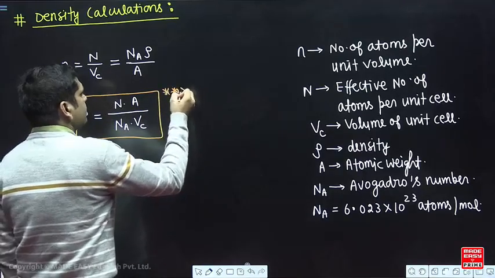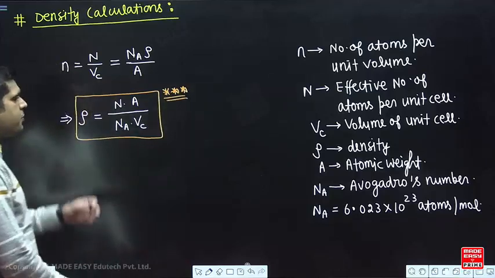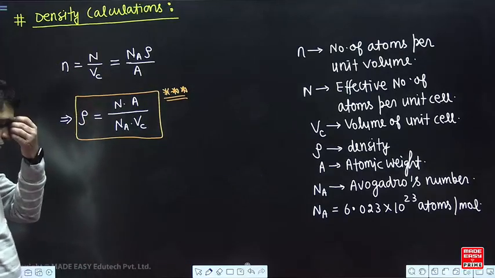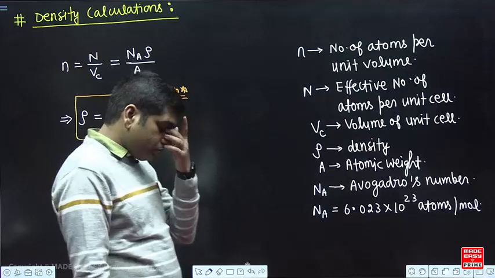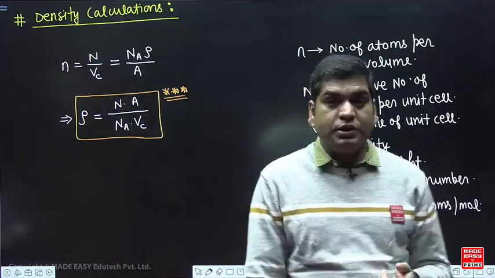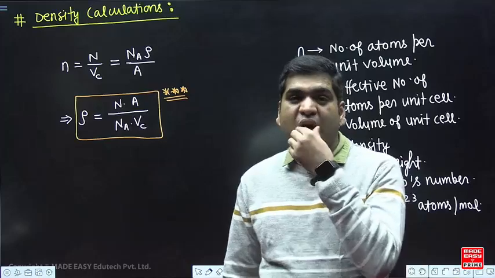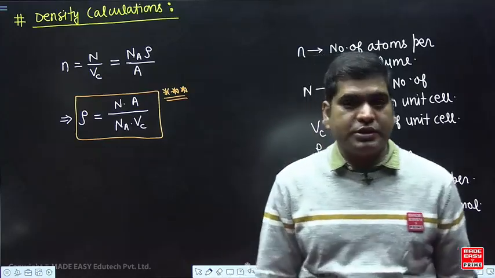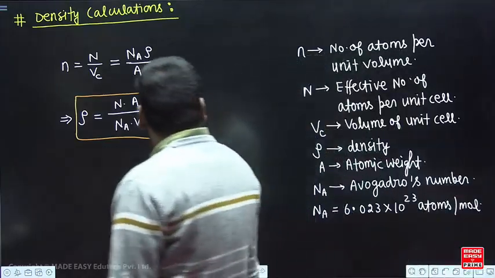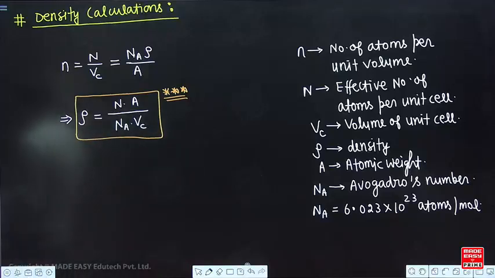This way you can calculate density. If the volume of the unit cell is known, which can be known only if you know the type of the unit cell, then you can calculate the volume of the unit cell, and with the help of that you can calculate this. First you do this, then we would be doing one numerical problem on this.